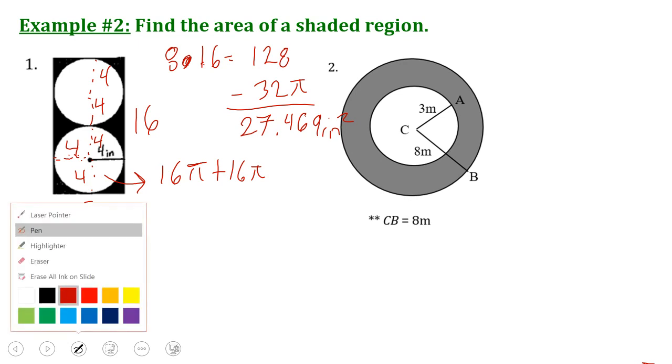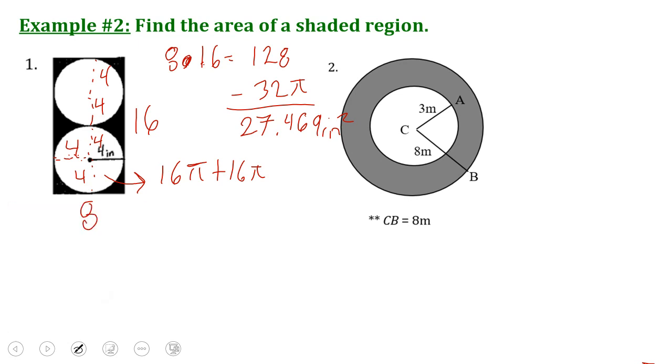Use a different color. Orange. Well, same thing. I'm going to subtract the small circle from the big circle. That's what I'm going to do to find the shaded region. Well, the small circle is going to be pi r squared, so it's 3 squared times pi, and then you're going to subtract that from the big circle, 8 squared times pi.